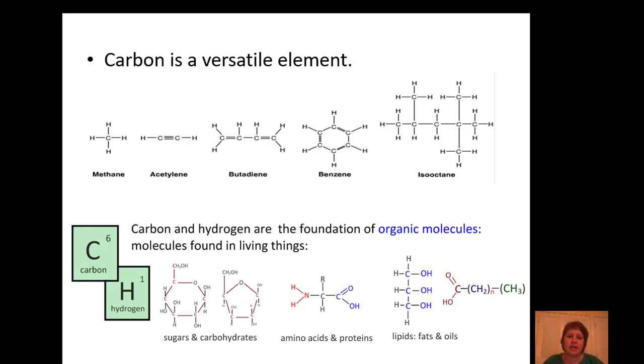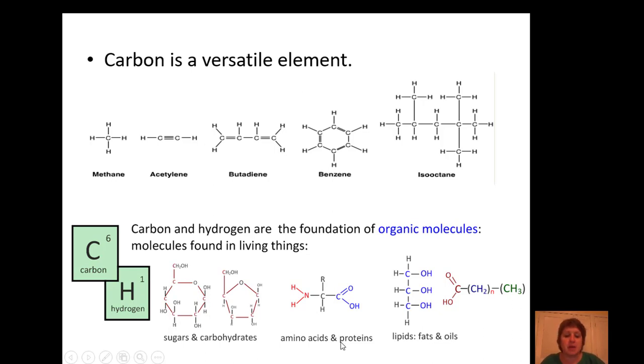Some specific organic molecules that we're going to look at in the next slide are sugars and carbohydrates, and you can see that they typically form a ring structure, whether that be a pentagon ring called a pentose for sugar, or a hexagon ring called a hexose.